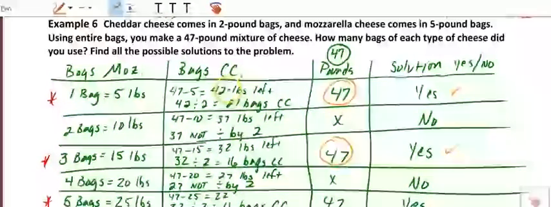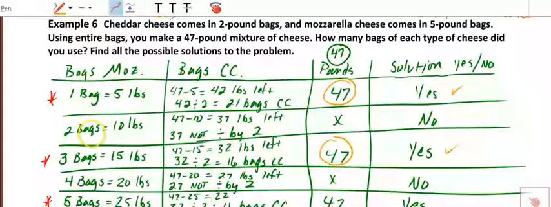Since cheddar cheese comes in 2-pound bags, 42 divided by 2 gave me 21. So I could mix 21 bags of cheddar cheese and 1 bag of mozzarella and get a total of 47 pounds. That's a solution.